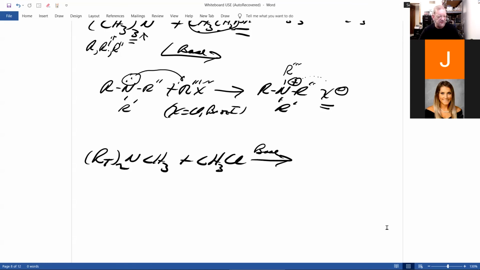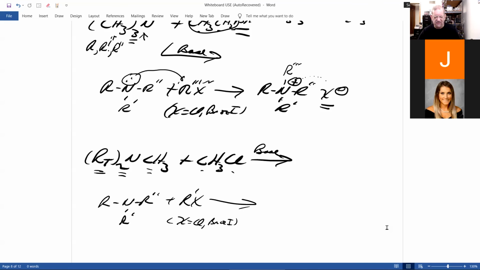Remember, R sub T means tallow. There are two of them and a methyl group on there. So this is a tertiary amine. Ooh, carbon, halogen, alkyl halide. X can be chlorine, bromine, or iodine.